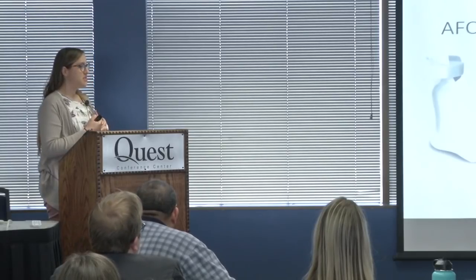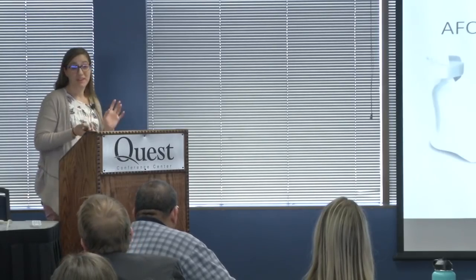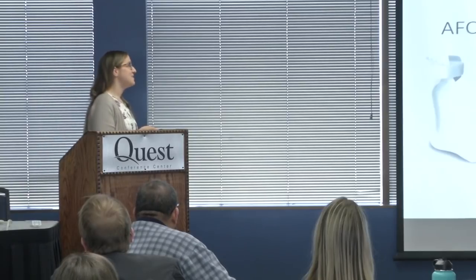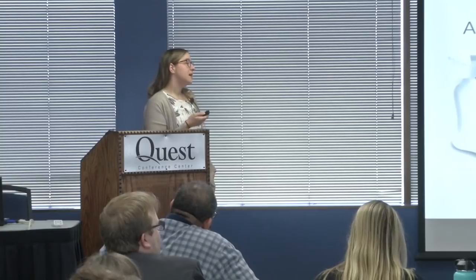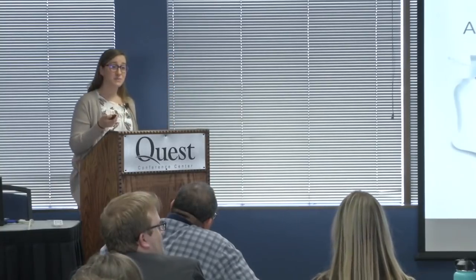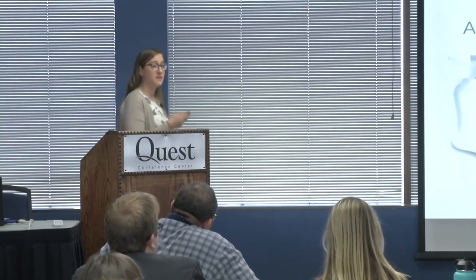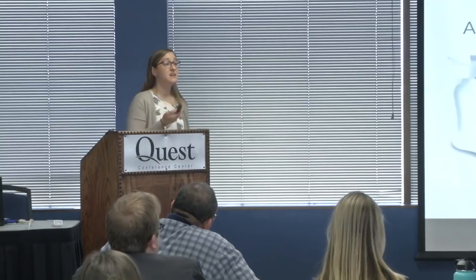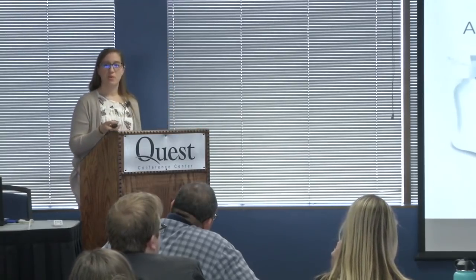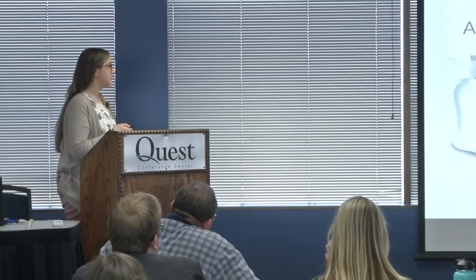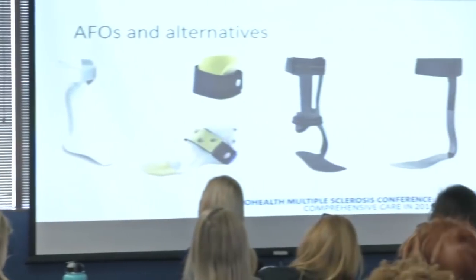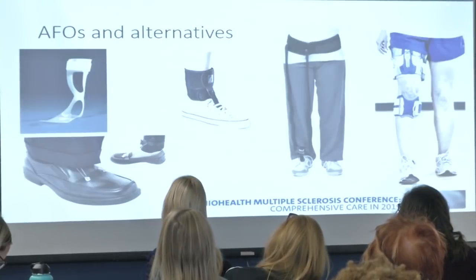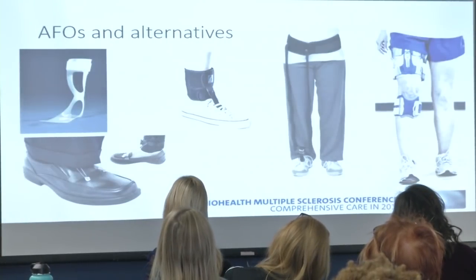Now, some insurances cover it and some insurances do not, but you can get it on Amazon. So again, talk to your clients about what's out there, and try some different things in different scenarios. Have them go up and down the stairs. Have them walk outside. See what works for them before you ask them to go and get a brace. So for those who might not need something so aggressive, there are other alternatives to AFOs.